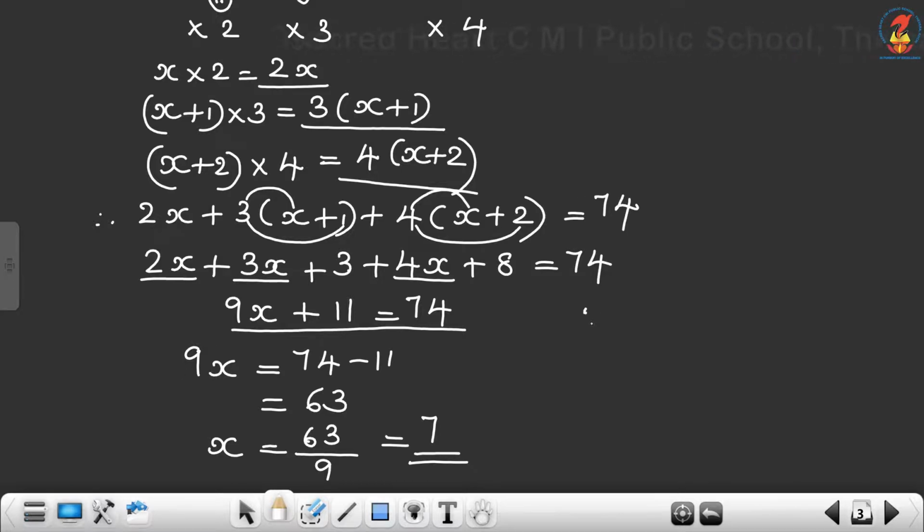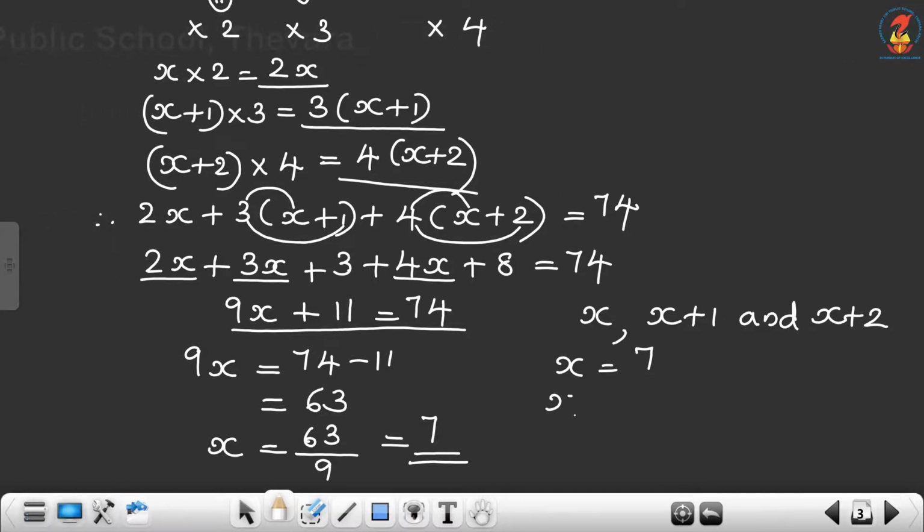Therefore, the integers are x, x plus 1 and x plus 2. Here x we got as 7. Then x plus 1 equal to 7 plus 1 equal to 8. Then x plus 2 is equal to 7 plus 2 is equal to 9.